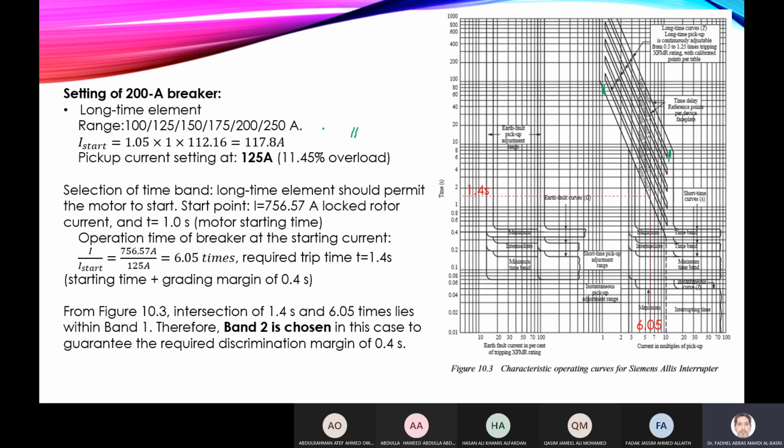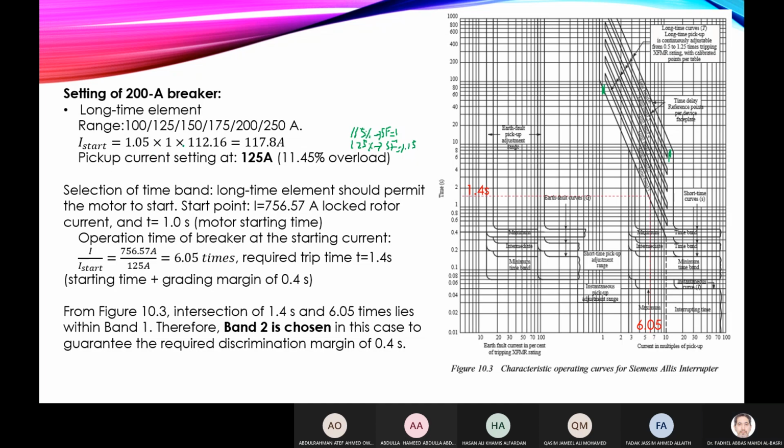Normally you should not exceed 115% when the safety factor is 1. This is the maximum for safety factor 1, and 125% is the maximum setting when the safety factor equals 1.15. This is the limit. But you shouldn't go below 1.05.